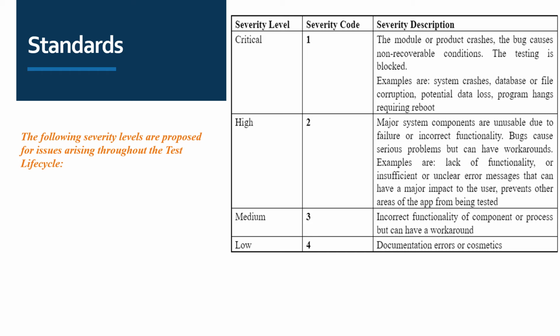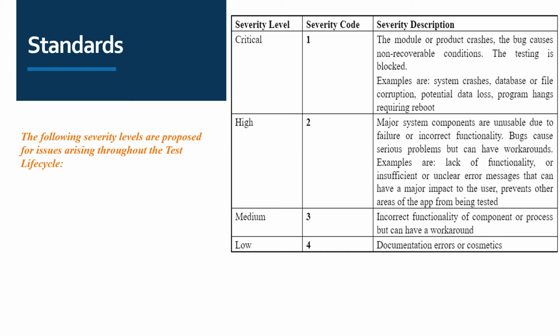The module or product crashes, or the bug is caused by a non-recoverable condition. The test is blocked. The second one is the high severity. The major system components are unusable due to failure or incorrect functionality.